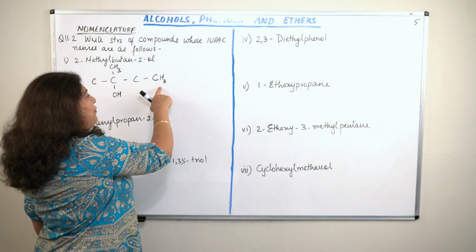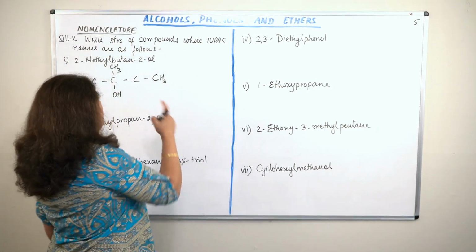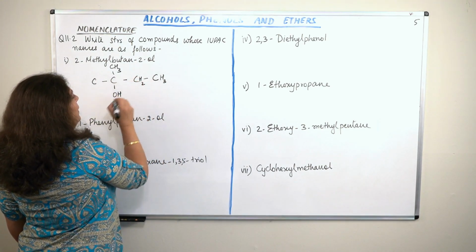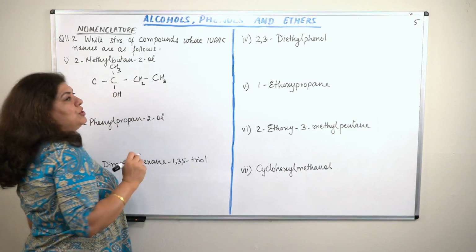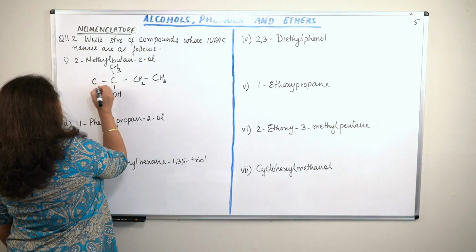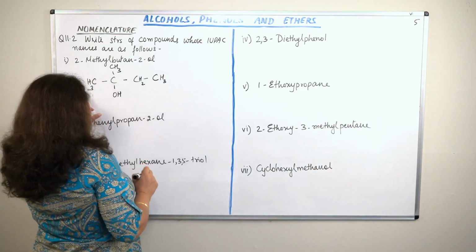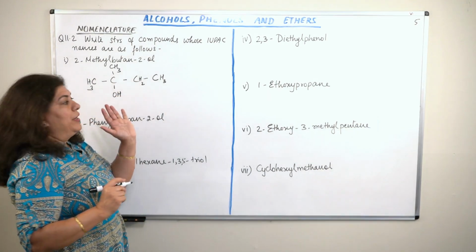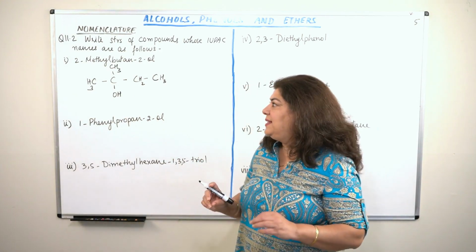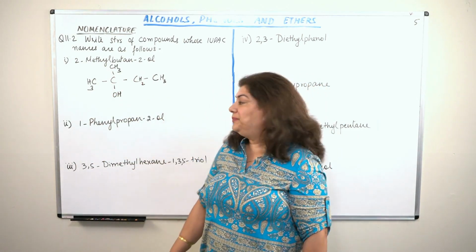This carbon is forming 2 bonds, so this should be H2. This carbon is forming 4 bonds already, so it does not need hydrogen. This carbon is forming only 1 bond, so this carbon also needs 3 hydrogens. So CH3, CH2, CH3. That fills up the hydrogens. All valencies are now satisfied and this is the structure of the compound.